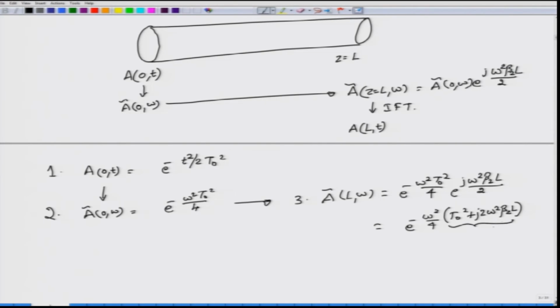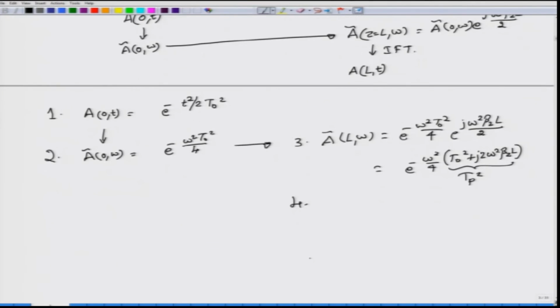Now, this can be written as some tz² or tp², which is the pulse after propagating through a distance L. The inverse Fourier transform of this will be e^(-t²/2tp²). So, the new pulse width tp will be given by the square root of t0² + 2jβ2L. Let us write this simply as tp².